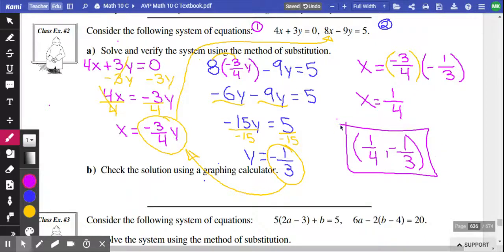That's my input and my output that works for both lines. That question's a little bit trickier because it's got fractions involved, right? So that makes it a little bit more challenging.